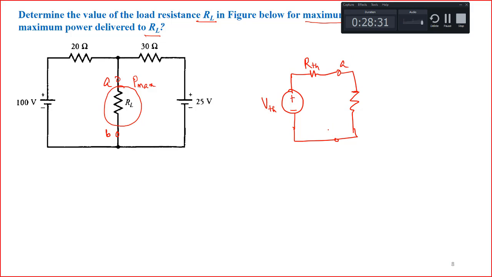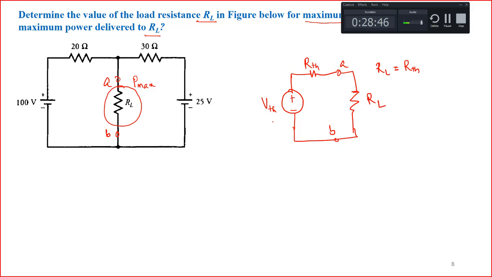This is AB, right? So this is your RL. Now you can easily find, when RL will be equal to RTH, under that condition your maximum power will flow to RL, right?